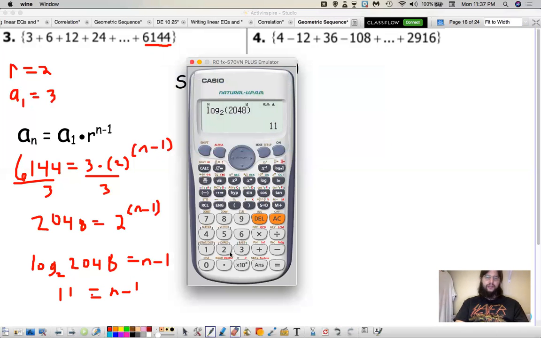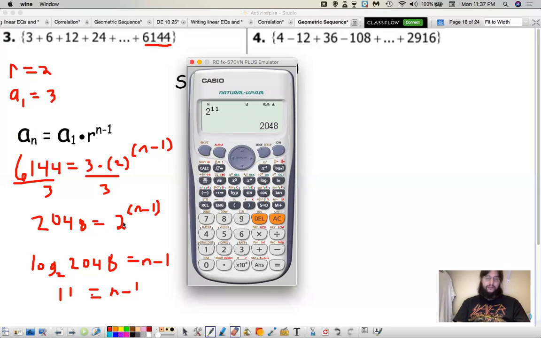Let's see. 2 raised to the 8th power. I need to go bigger. Let's try 12th power. Too big. 11th power. There we go. It's 2048. So once you divide by your A1, you know it's got to be this number to some nice power, because n is an integer, right?